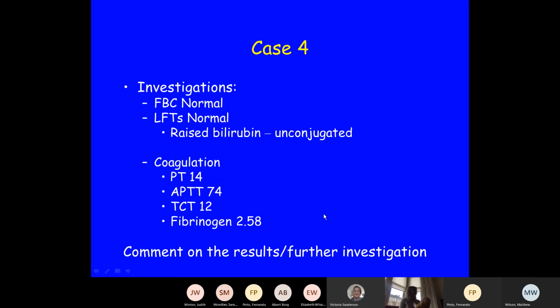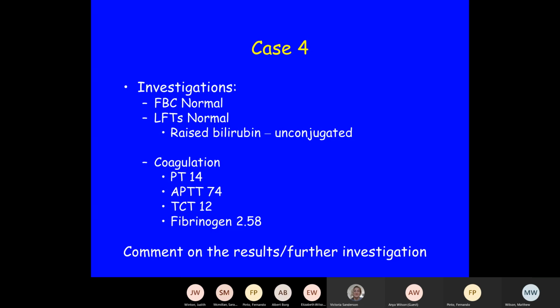Prolongation of the PT mainly, isn't it, Albert? Because of the factor 7 and all of the other vitamin K dependent coagulation factors, mainly the PT would be prolonged. This is mainly an abnormality of the APTT. So it's a baby that was born and suddenly had a big bruise.